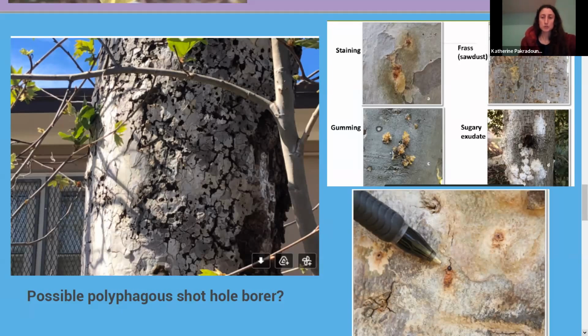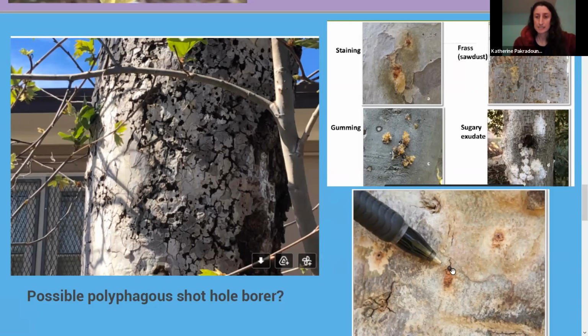But if you were to analyze it to see if it's shot hole borer, you'd be looking for certain types of symptoms. Depending on the species, you can get gumming, right? So the sap comes out in gums. I don't think sycamores do that. Sycamore will do more staining, right? So you'll see the staining on a sycamore. If there's a lot of woody bark, you can scrape that bark off and try to get to the source of where that hole is and see if there's staining underneath the bark.